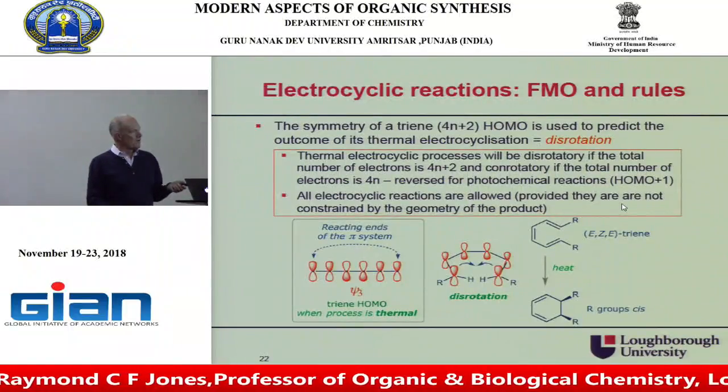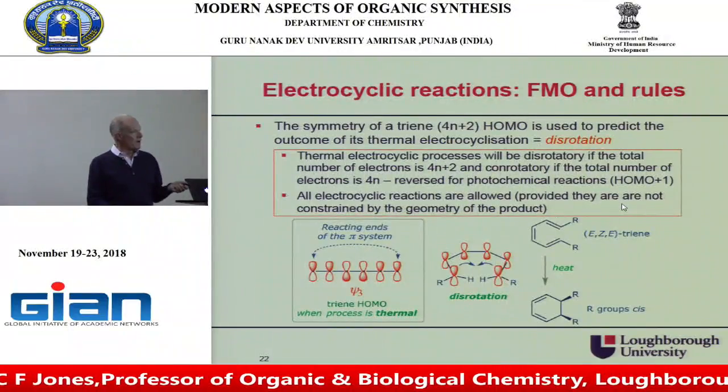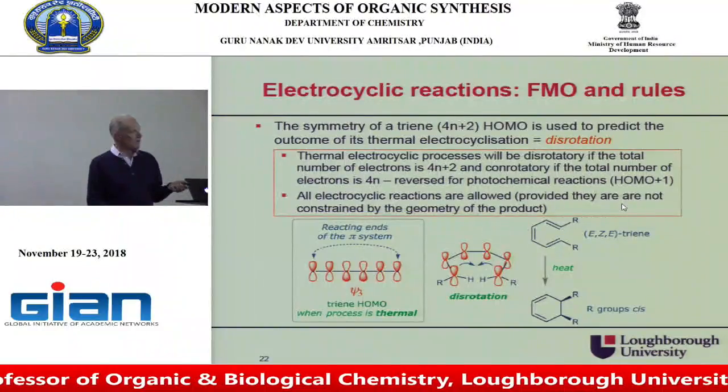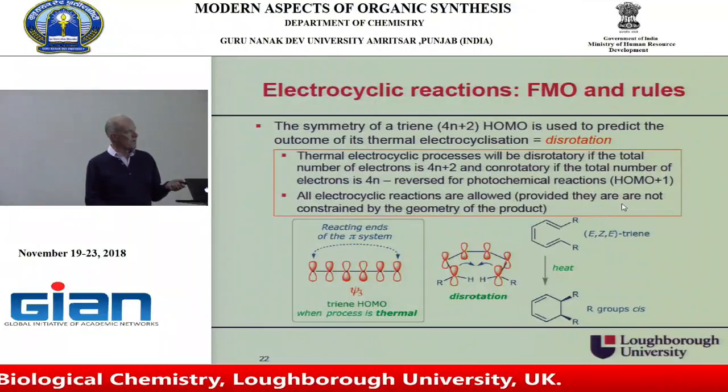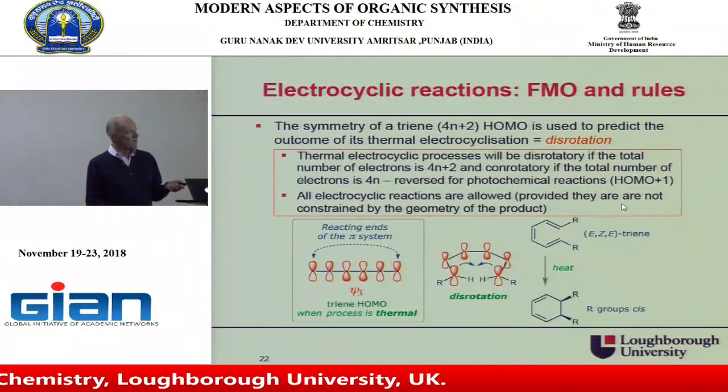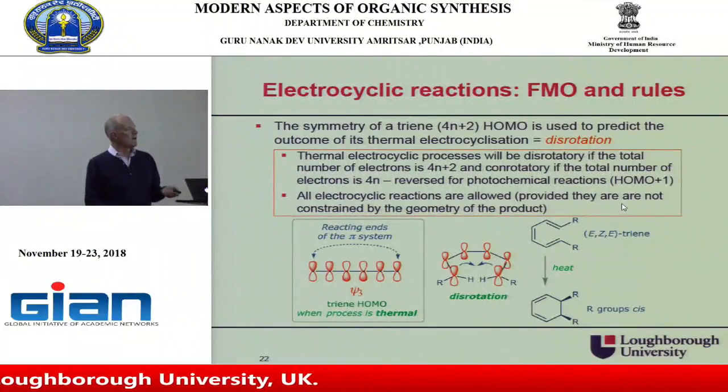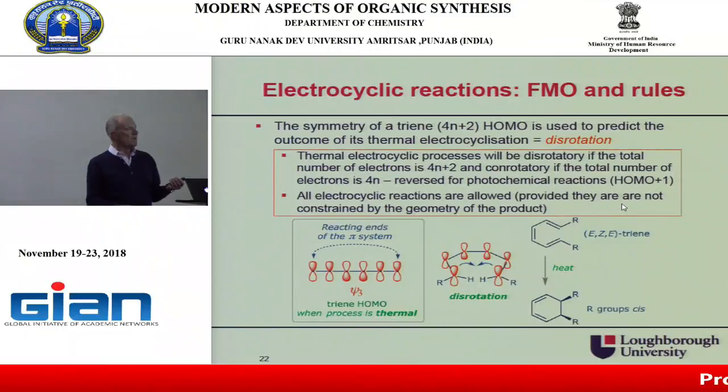So conrotatory then is if it's 4n and they go in the same direction and it's thermal. Photochemistry is disrotatory with 4n plus 2, and, sorry, say that again. With photochemistry it's conrotatory with 4n plus 2 and disrotatory for 4n. Basically, it's the reverse of thermal.